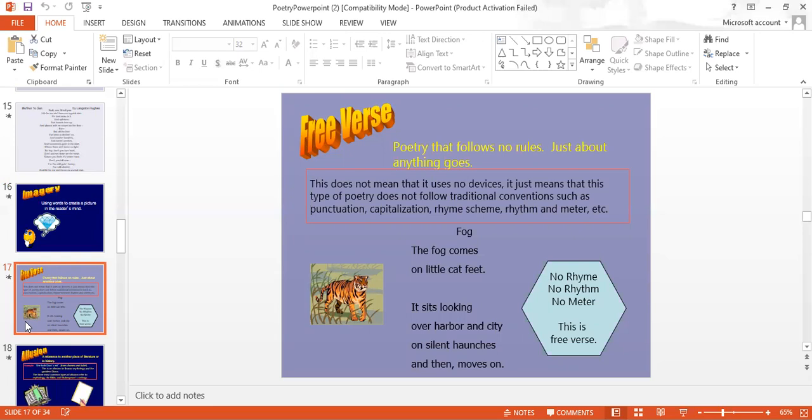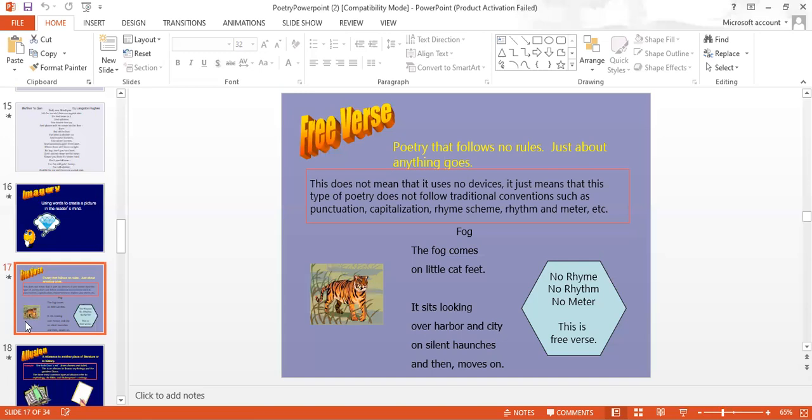This does not mean that it uses no devices. It just means that this type of poetry does not follow traditional conventions such as punctuation, capitalization, rhyme scheme, rhyme and meter, etc. It doesn't follow those things.